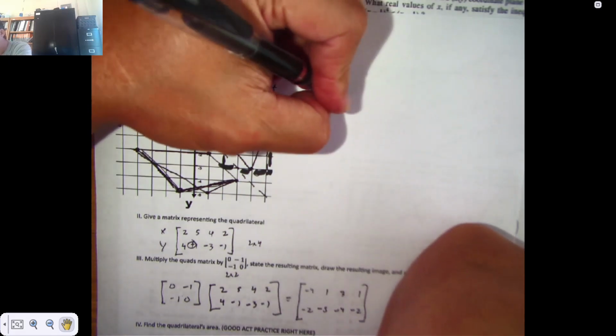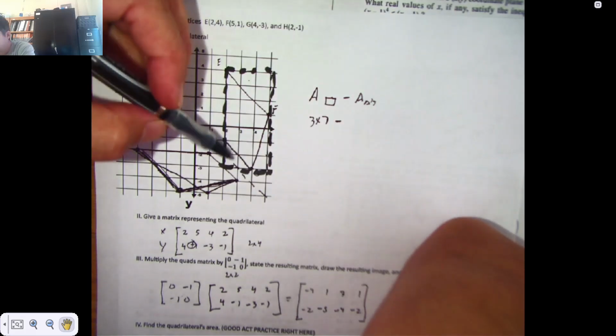And then in order to find the area of this quadrilateral, it's not a parallelogram, I have the area of a rectangle, and I'm going to take away the area of a couple of triangles. There's 1, 2, 3 triangles in it. So the rectangle would be 3 by 7. And I'm going to start taking away these areas of these triangles.